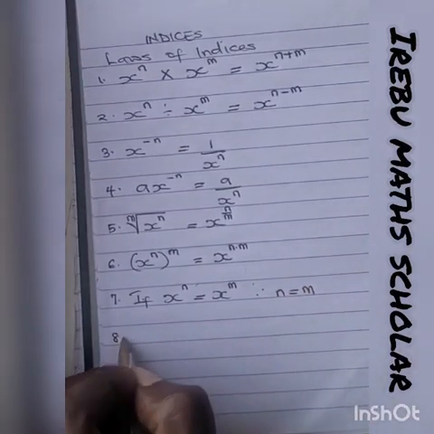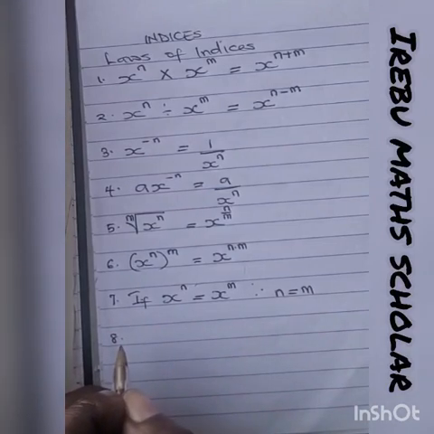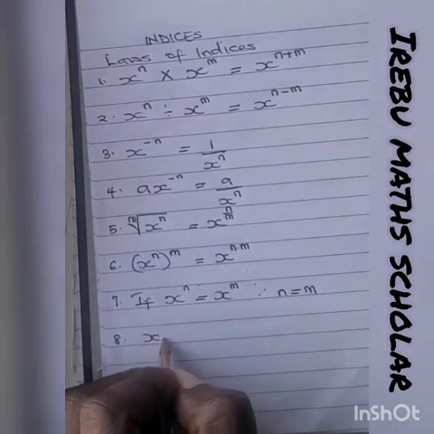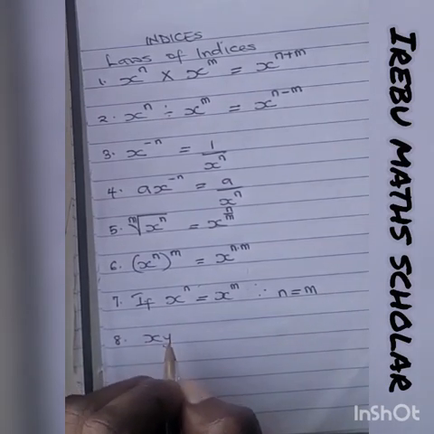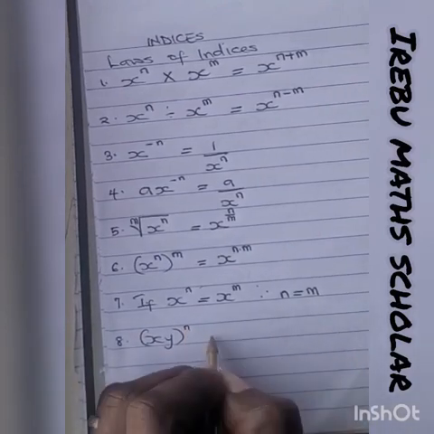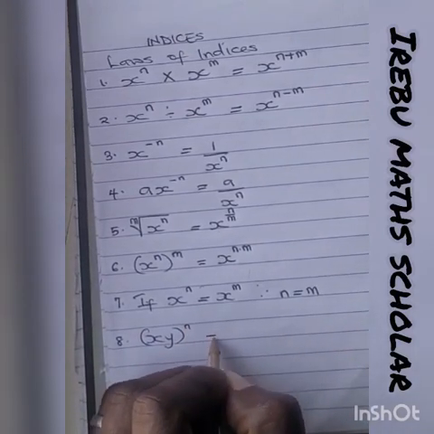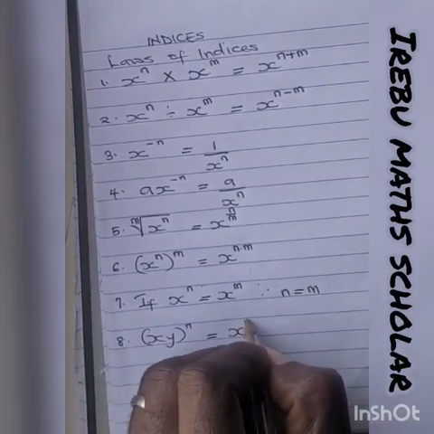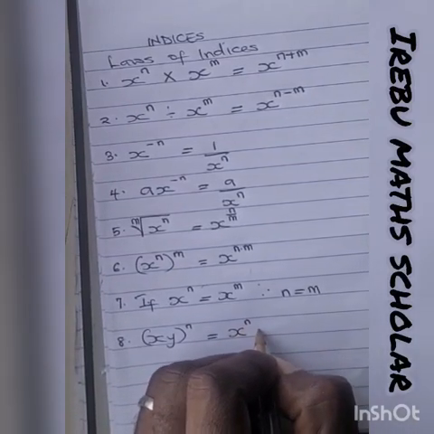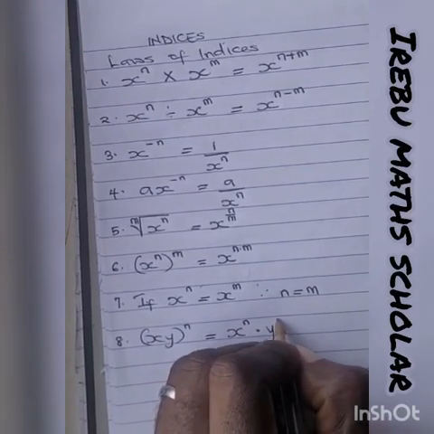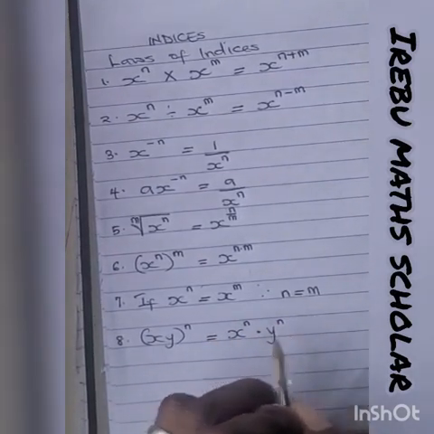All right, the eighth one: if x is multiplying y and they are all to the power of n, it means your result will be x to power n multiplied by y to power n, the same power.